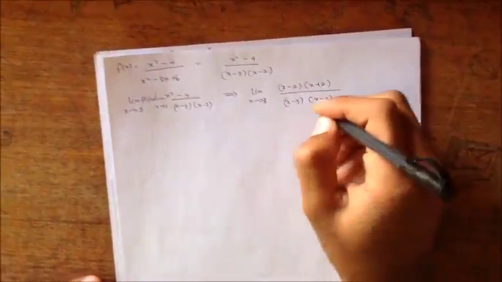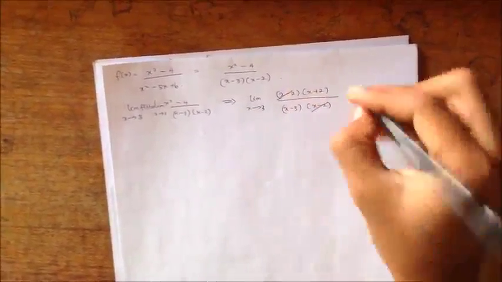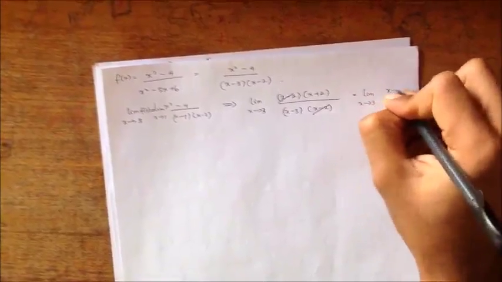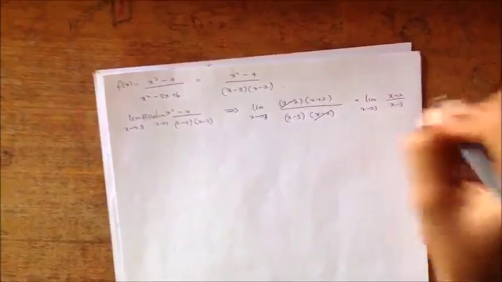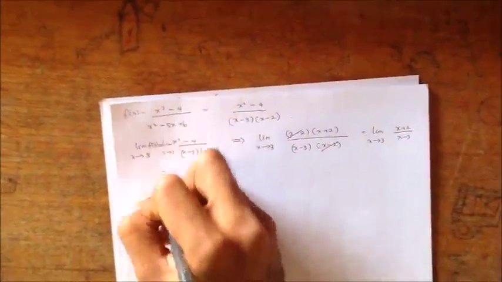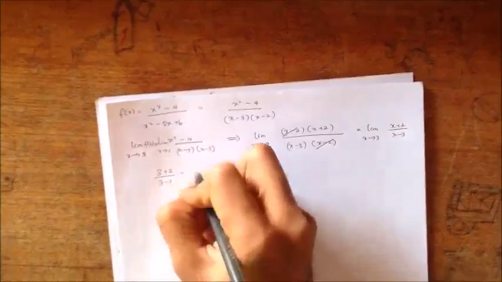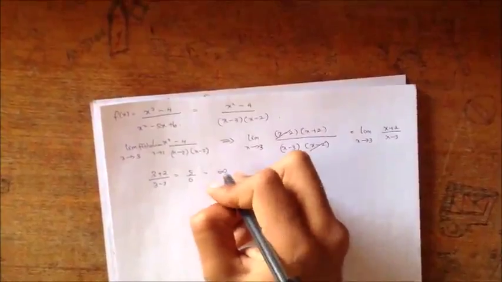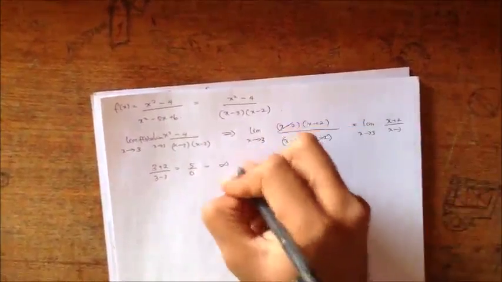So I strike these out. This is just the limit as x tends to 3 of x plus 2 divided by x minus 3. When I take my limits, this is going to be 3 plus 2 divided by 3 minus 3, which is 5 divided by 0, which is undefined. Sometimes we say infinity, but this is undefined.